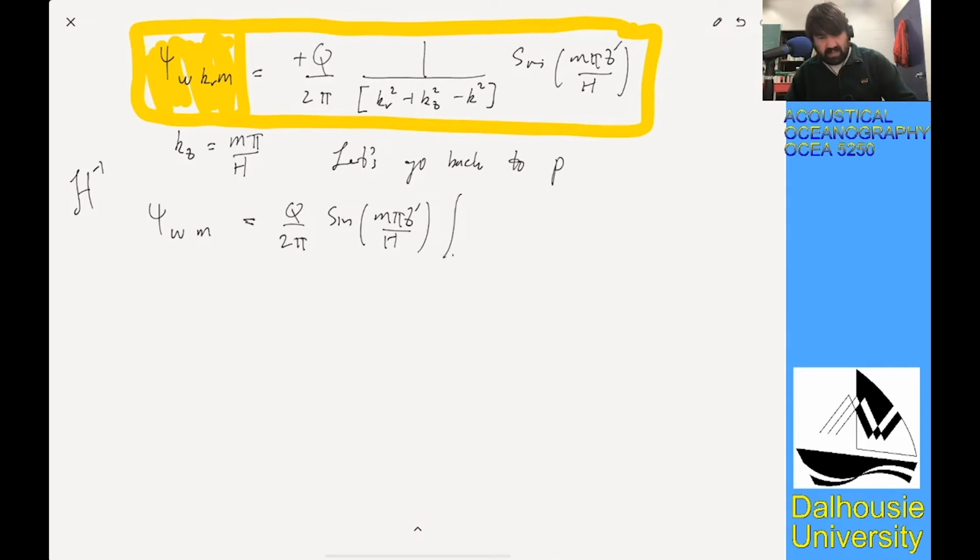And then we're going to have the integral from 0 to infinity of kr, 0th order Bessel function J0(kr r), dkr. And all of that is going to be over kr squared plus kz squared minus k squared.